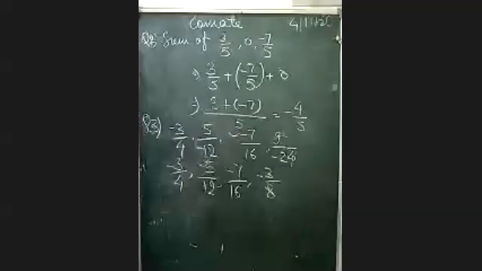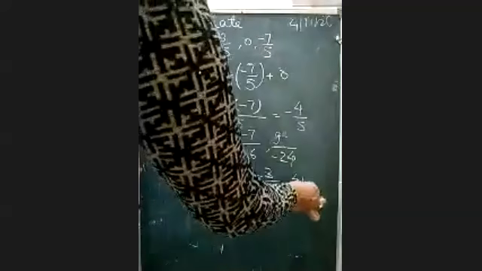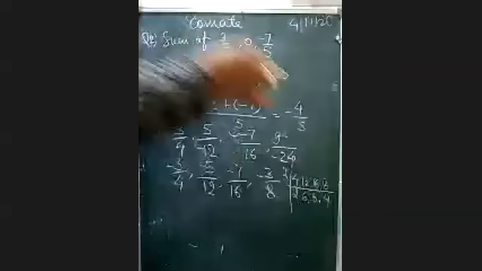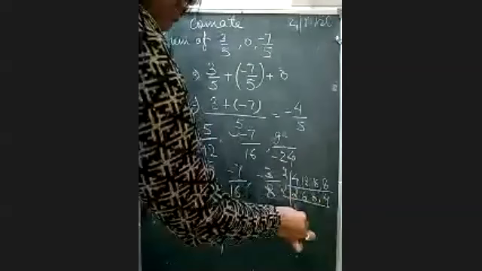So 4, 12, 16 and 8 will be taken together. 2 2s are 4, 2 6s are 12, 2 8s are 16, 2 4s are 8. Okay? Now again we will solve it. 2 1s are 2, 2 3s are 6, 2 4s are 8, 2 2s are 4.